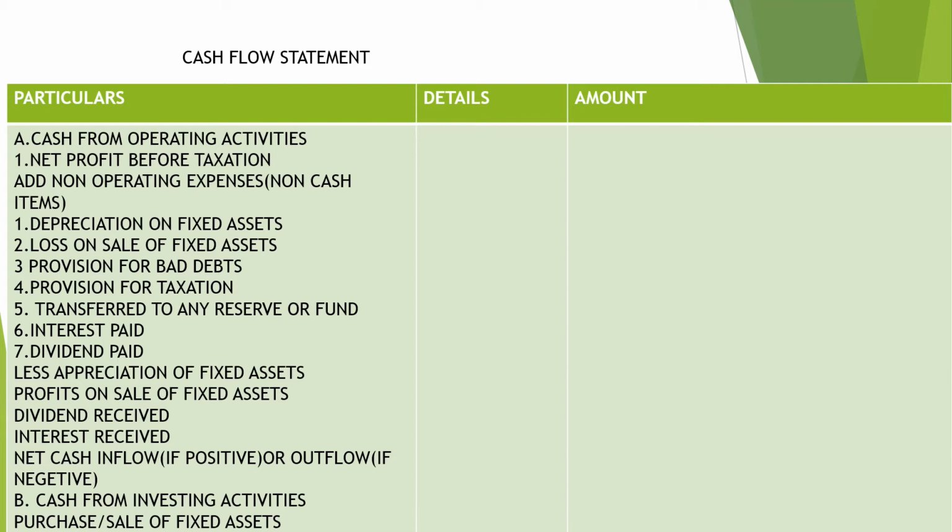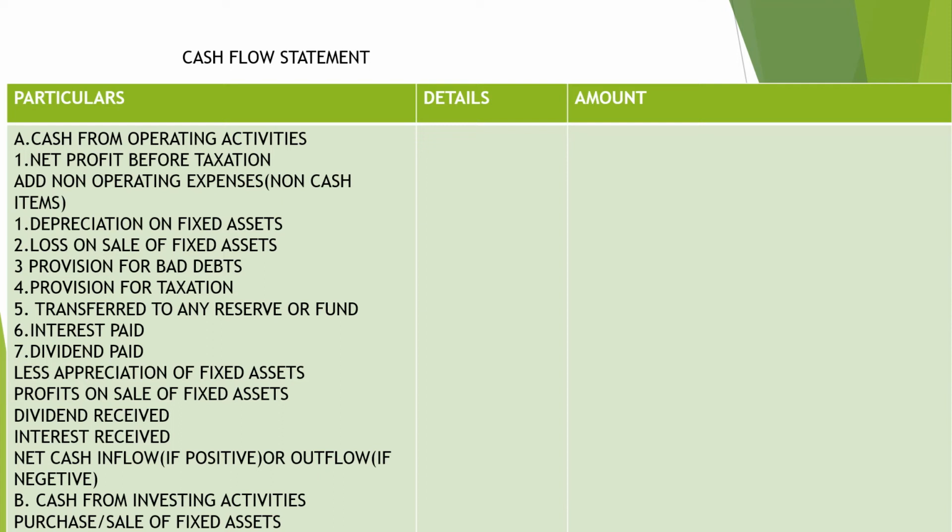Less appreciation of fixed assets. If there is any appreciation, increase in the value of fixed assets, we will show here, we will subtract. Profit on sale of fixed assets. If we had loss, we were adding. If there is profit, we will subtract. Dividend received, interest received. If we have received dividend or we have received interest, we subtract them here, because dividend and interest received are shown under investing activities, and dividend and interest we pay are shown under financing activities.